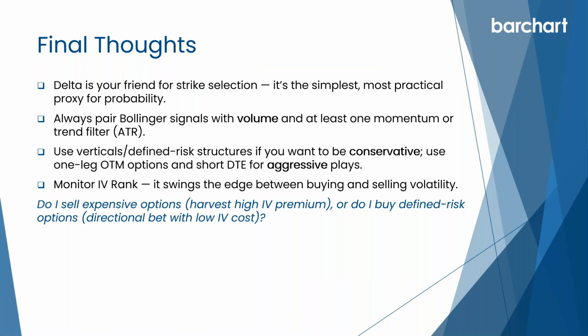Monitor your implied volatility. I didn't get enough time to go into this. Particularly, let's say those downside reversals where we might not have a lot of volatility baked in. If we have low volatility, what is our strategy? Well, we want to buy volatility.